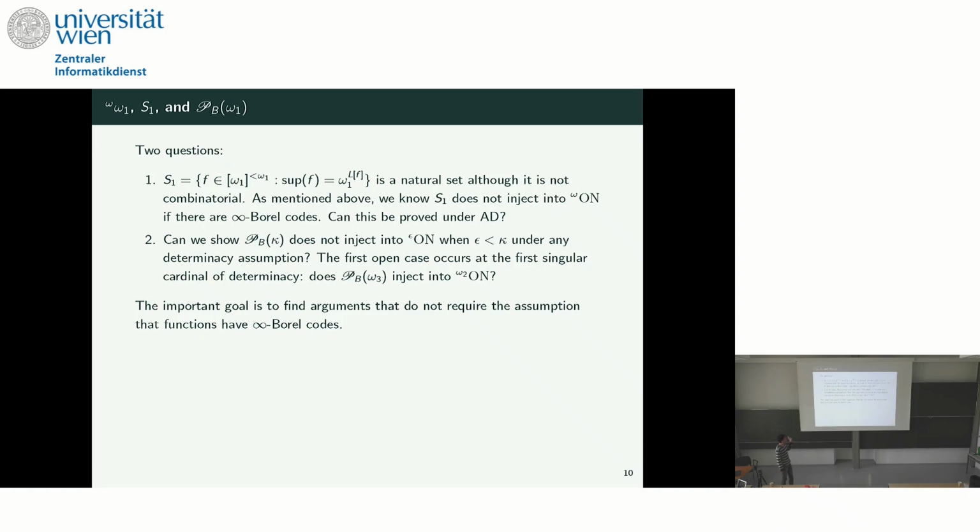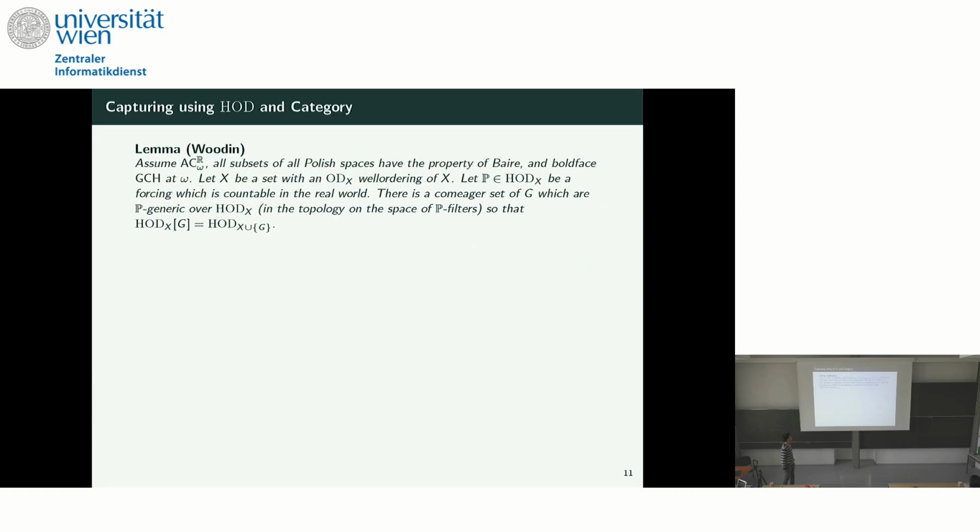How do you address these types of questions without assuming functions, which here may be highly uncountable objects, have infinity Borel codes? So let's look at the first one. There's this lemma of Woodin that actually gives us the necessary capturing result using category.